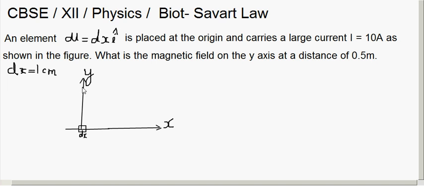We have to find out, let us take this point as P, and this point is 0.5 meter from the origin along the y-axis.